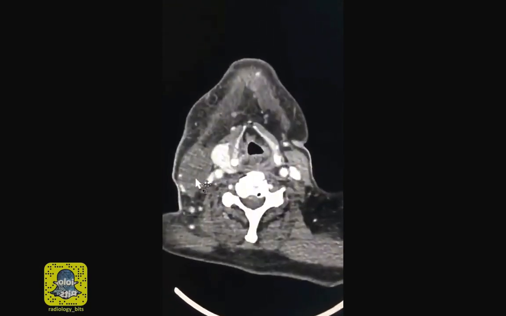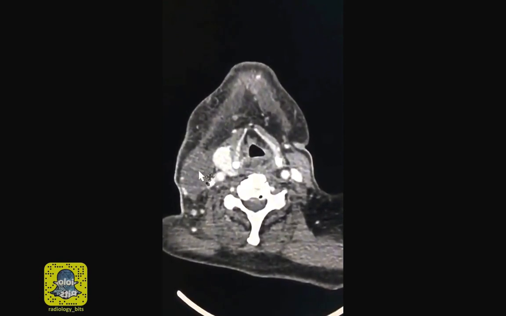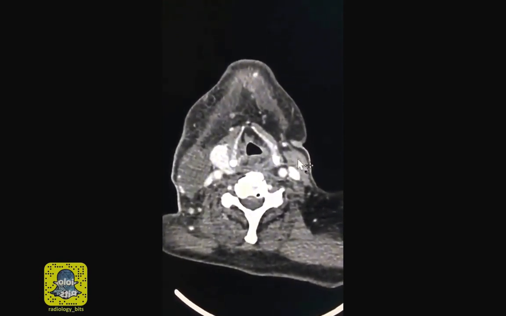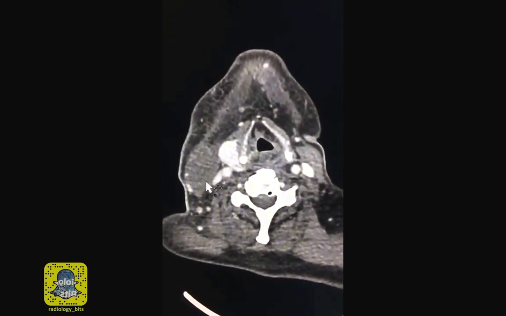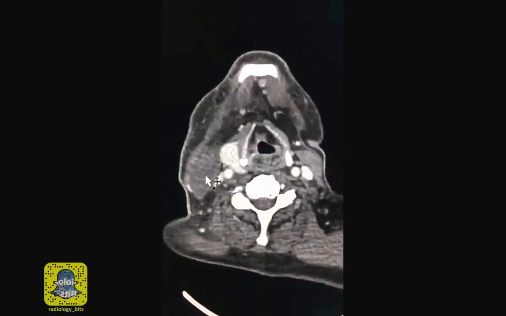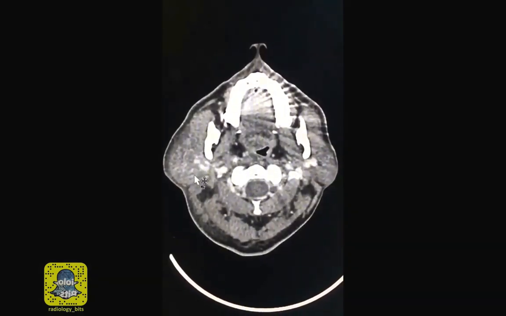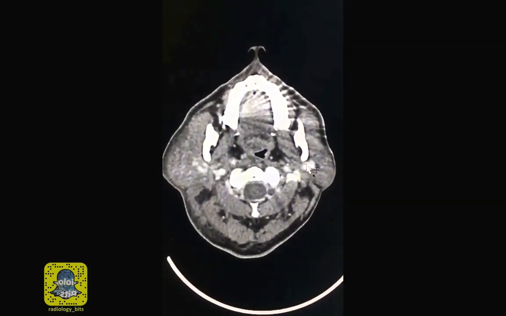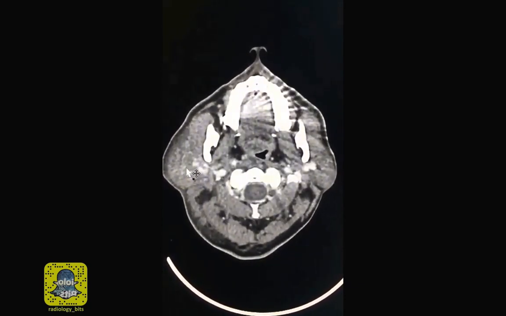Not only that, notice the difference in the density and size of the right compared to the left sternocleidomastoid. The right sternocleidomastoid is enlarged and has a low density suggestive of edema. Do the same in comparing the right parotid gland with the left. The right parotid gland is enlarged and has increased density.